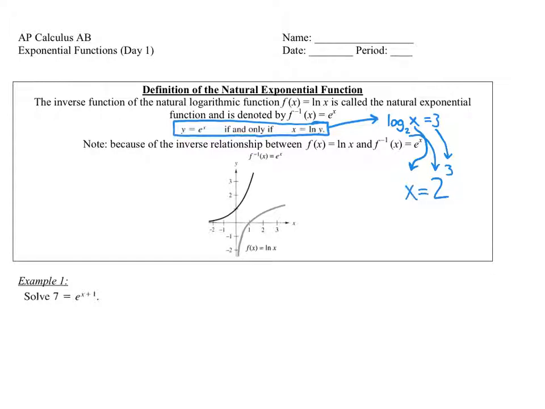You would rewrite those logarithmic equations as exponentials in order to solve them. So this inverse idea applies not just to natural logs, but to any log base. And you've seen that part before.